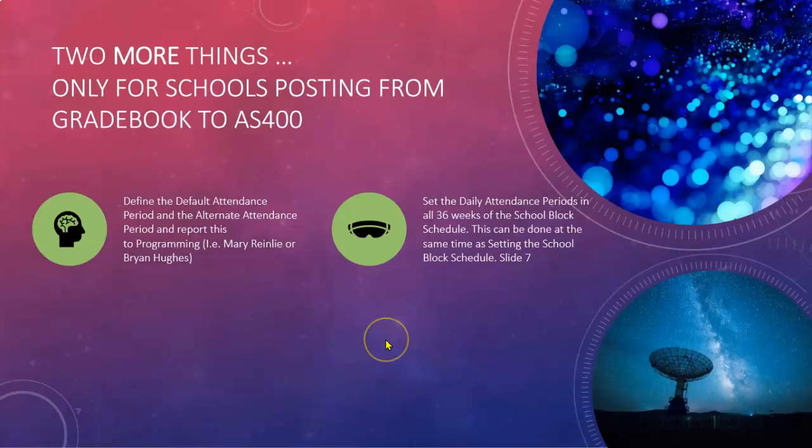Two more things need to be addressed, but these are only for schools that are posting from Gradebook to AS400. Those schools will need to define which periods are the default attendance periods and which ones are the alternate attendance period. And that definition will need to be reported to programming, and that's either Mary Rhineley or Brian Hughes.